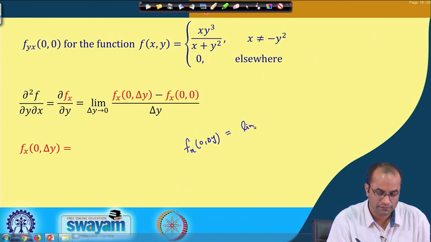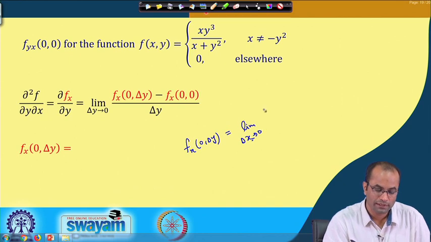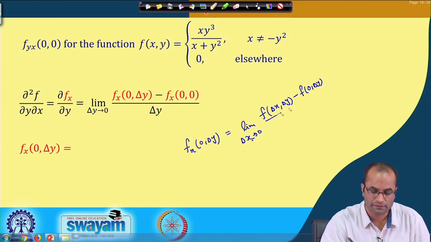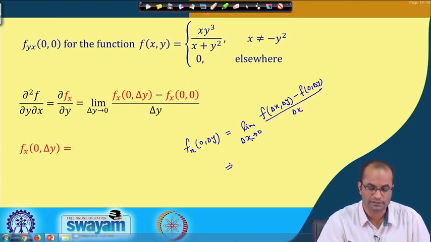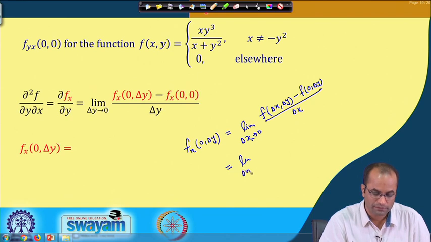Let us take the limit as Δx to 0, sorry, Δx to 0, not Δy to 0. We have f, so the increment in x, Δy as it is, the function as it is now, divided by this increment Δx. So, this will be the partial derivative with respect to x. So, the limit Δx goes to 0.